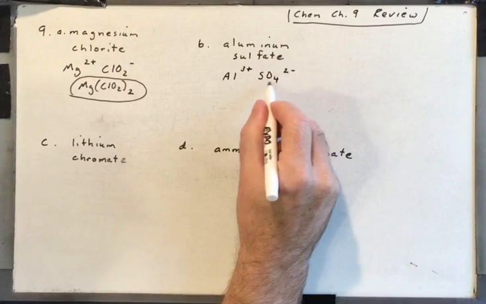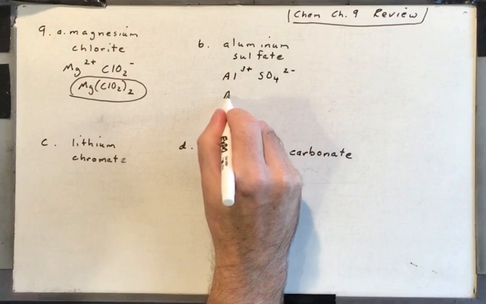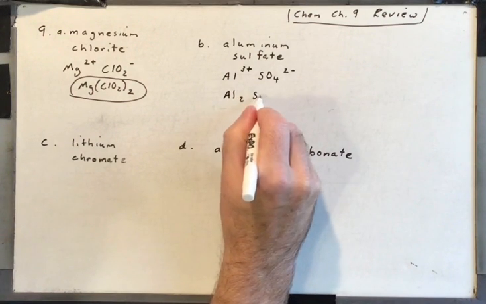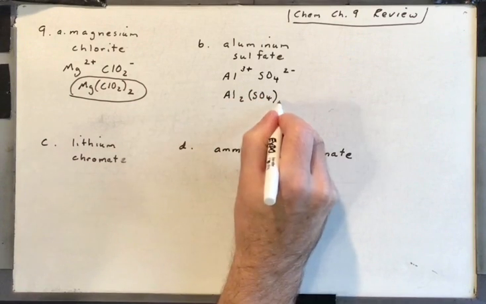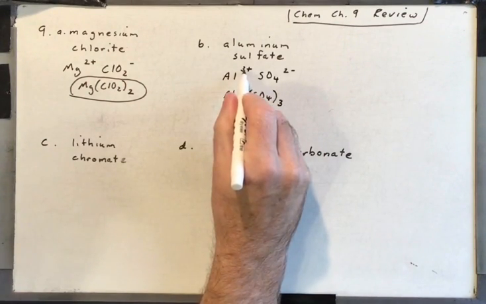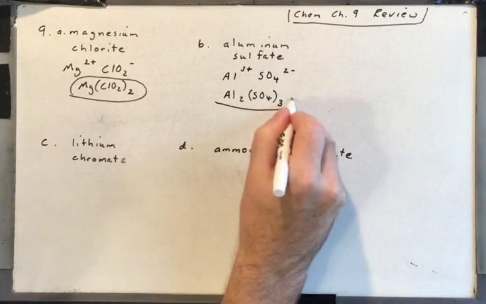After we take the superscripts and make them subscripts and switch, it would be Al2 SO4, and because there's more than one of them, we need to put parentheses around it, and then that 3 goes right there. That 2 goes right there with aluminum.